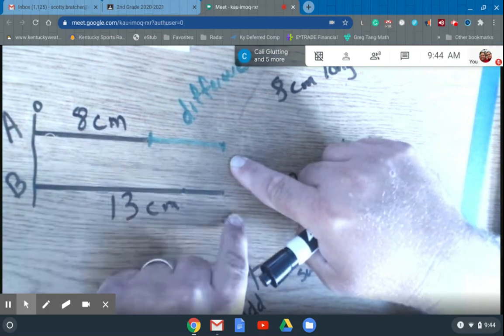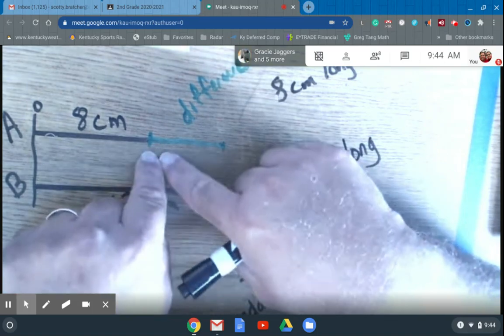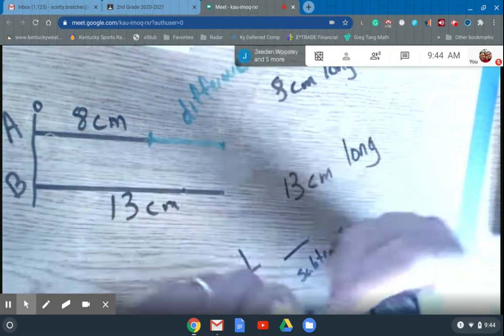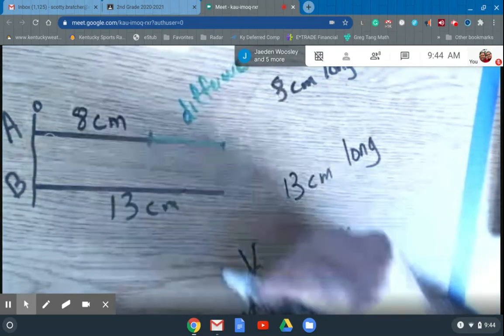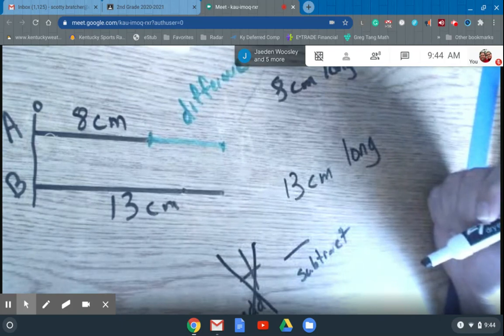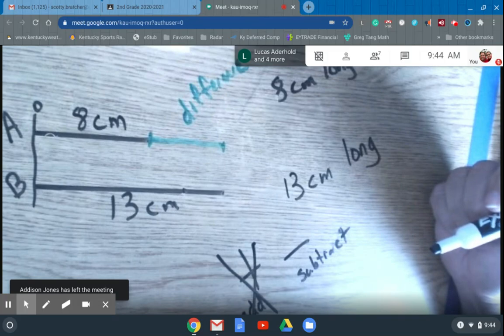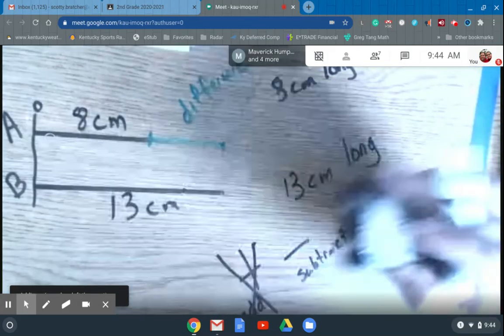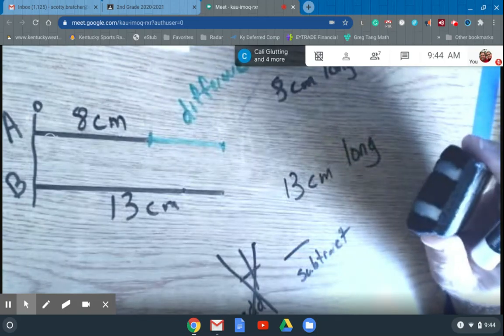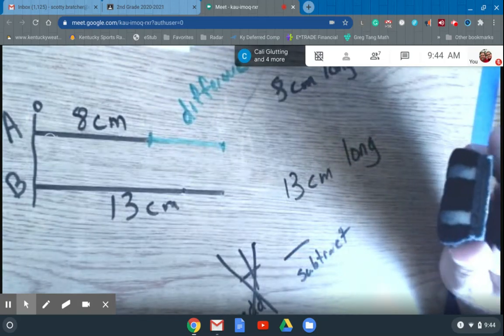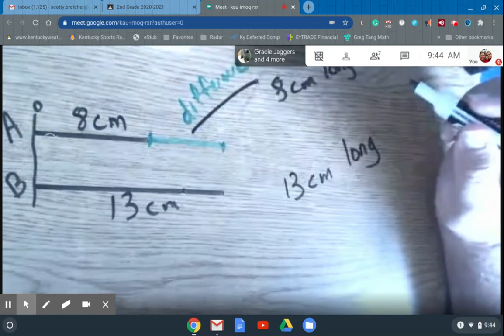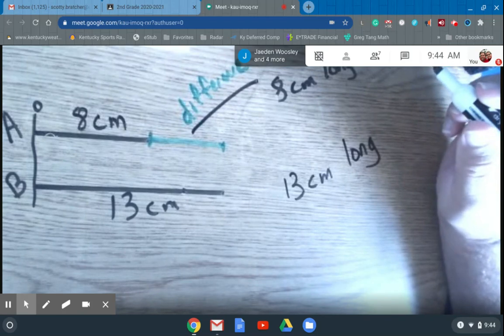If I wanted it to be as long as B, I drew what I'd have to add, but I did not add. So the difference is not addition. Okay? That sounds confusing, I know. But as I told you last week, we'll do this a lot of times, and I don't expect you to get it all just right off the bat with me, okay? All right? So the difference is always the answer to a subtraction problem, okay?